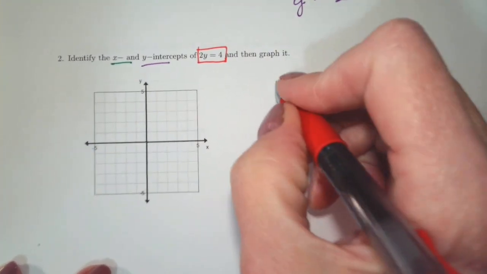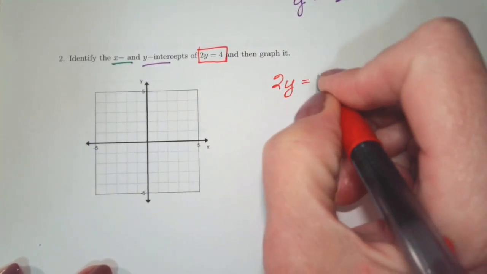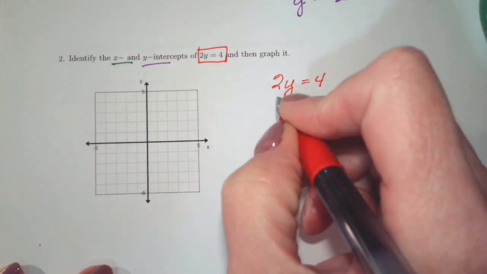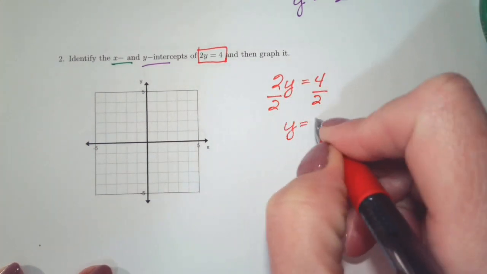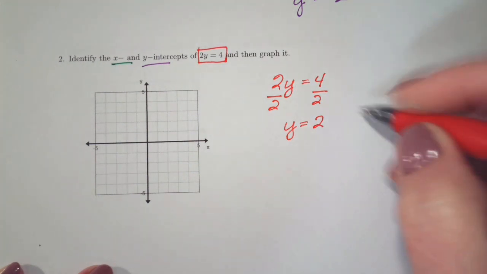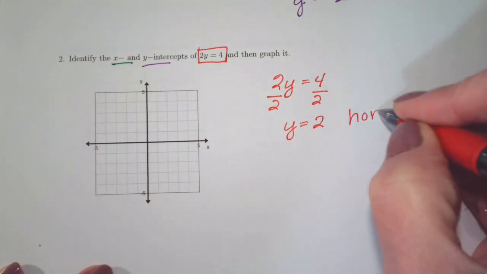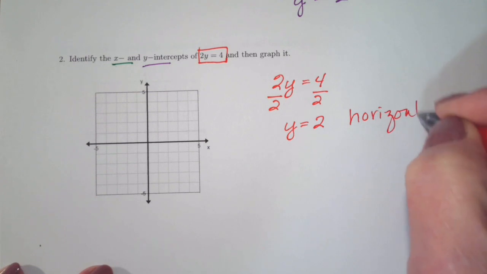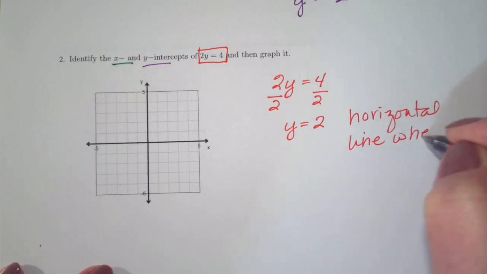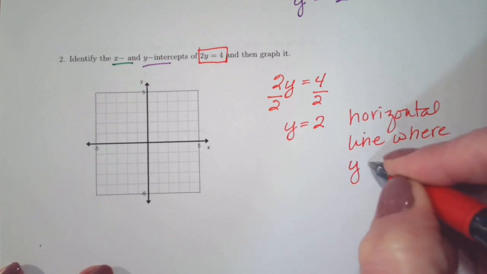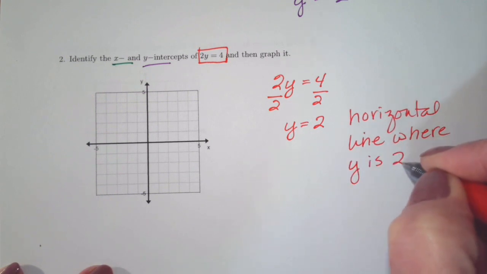So if I have 2y is equal to 4, and I solve that for y, when I divide both sides by 2, I get y equals 2. I know this is a horizontal line where y is 2.